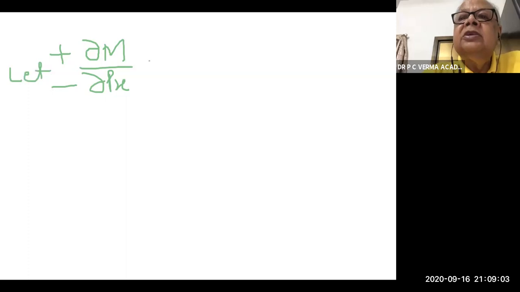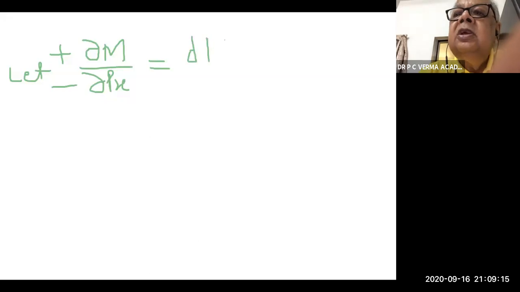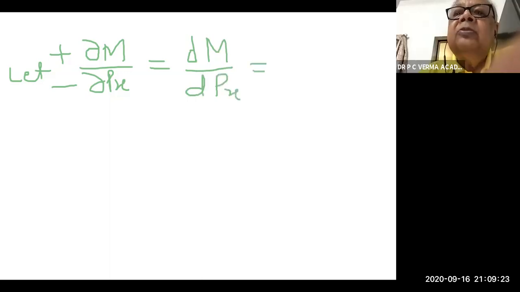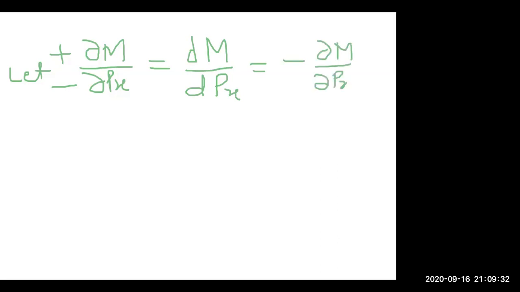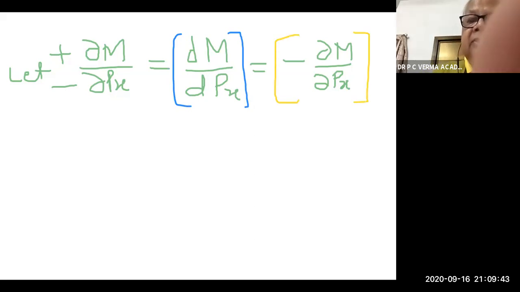If this happens, then we will replace dm by dpx by plus minus, minus del m by del px. We will replace this one by this one in the final equation.